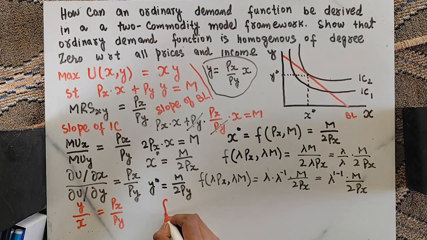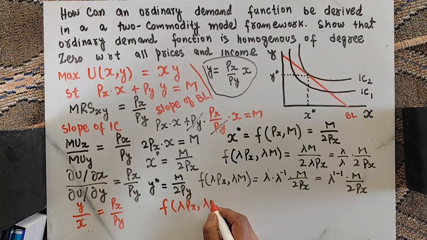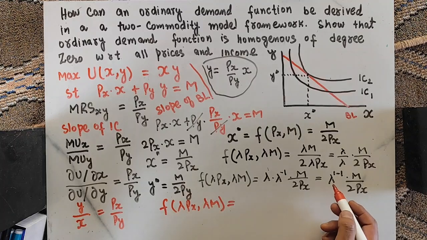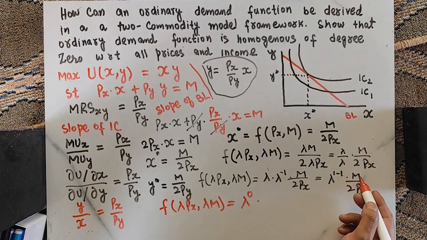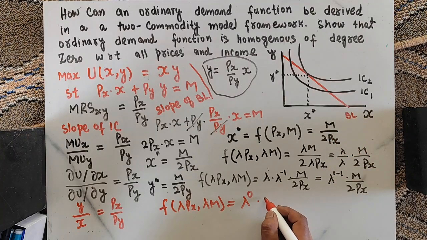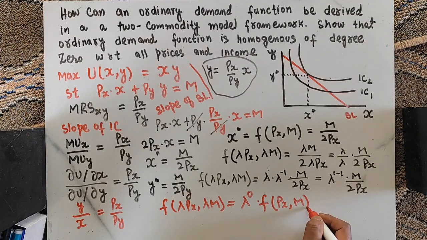That means f of lambda px, lambda m is equal to lambda raised to the power 0 times m upon 2px, which is our original demand function, that is f of px and m.